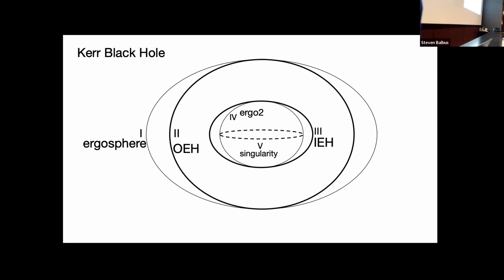In a Kerr black hole, the first interesting boundary is called the ergosphere out here. You hit that first. That's the part of space where you have to rotate with the black hole. But you can go into that and out of it. You just have to rotate.